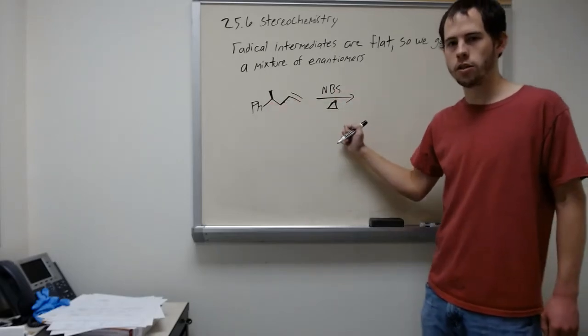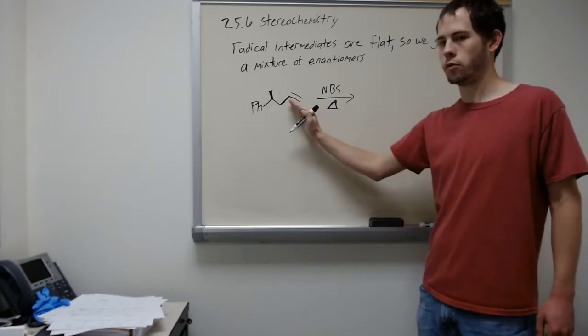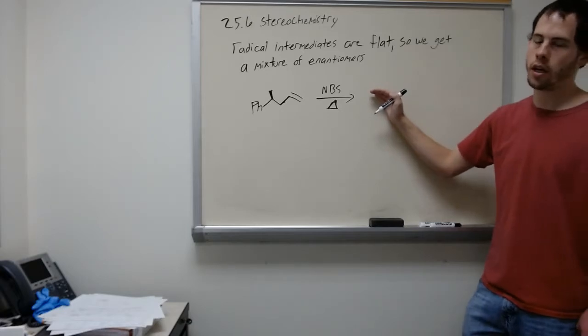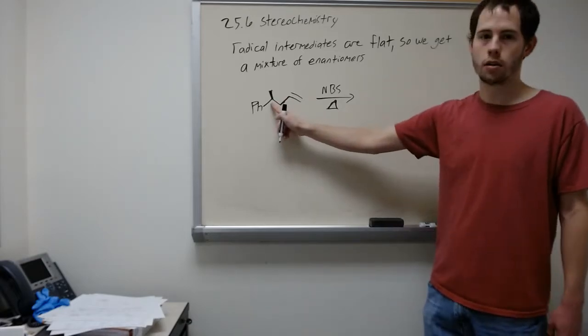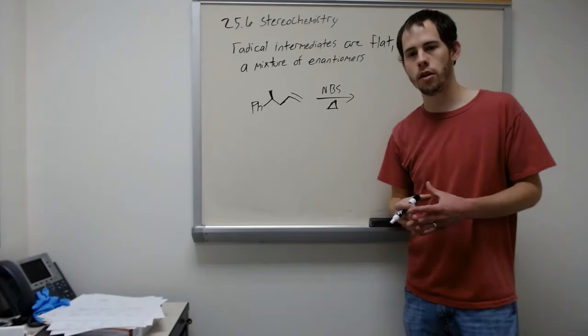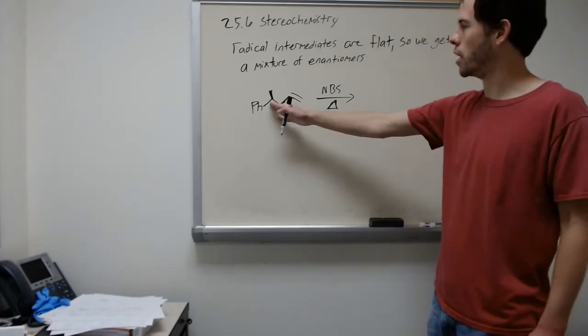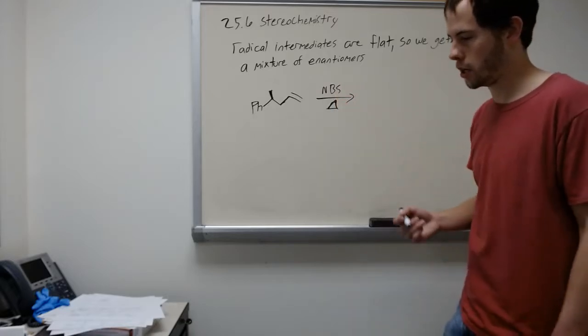Remember that if we use HBr, we're going to get a reaction with the alkene. But since we're using NBS, we're going to get addition at the benzylic carbon. So remember, the benzylic carbon is fairly stable, and so we can generate a radical there and get addition of our bromine at that position.